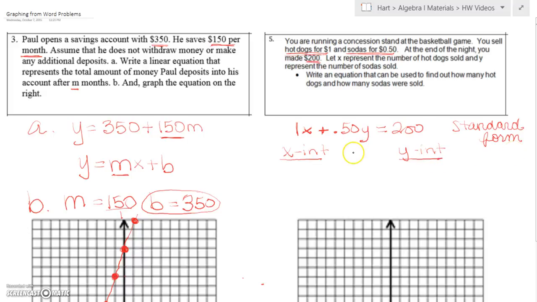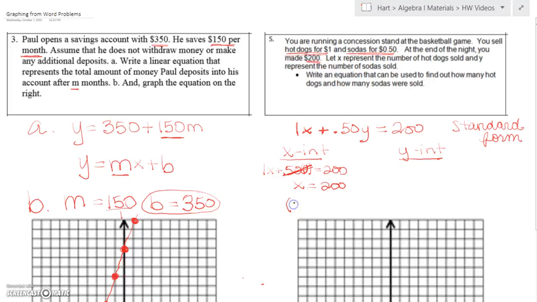So for x-intercept, we're going to change the y value to a 0. So we'd have 1x plus 0.50y, well, instead of y we're going to put 0, equals 200. So anything times 0 goes away because it is 0, and then you end up with 1x equals 200.